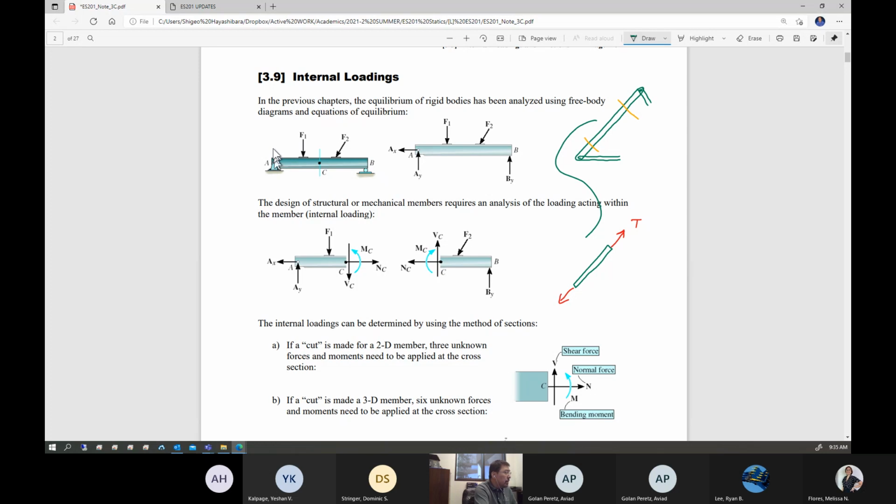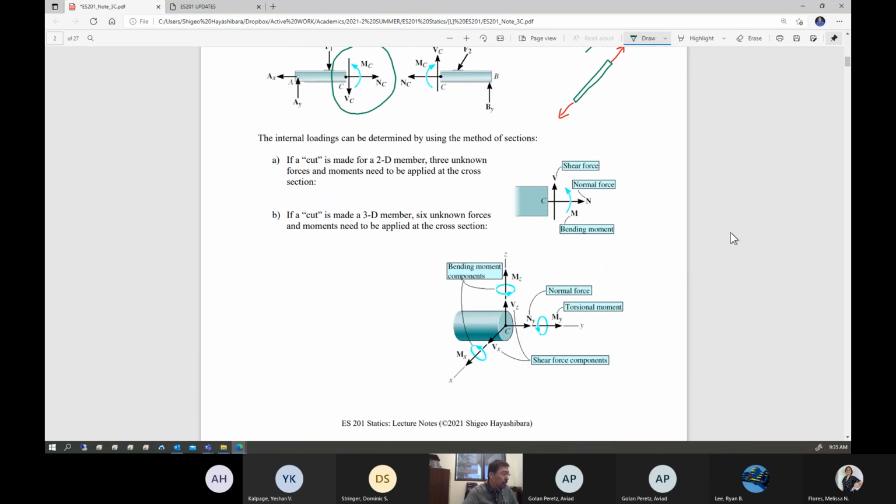You can take distributed loading on this member. You can take a variety of external loadings. So if you cut through a certain segment, typically perpendicular to the main axis of this beam, you're going to introduce, if it's 2D, three unknowns.